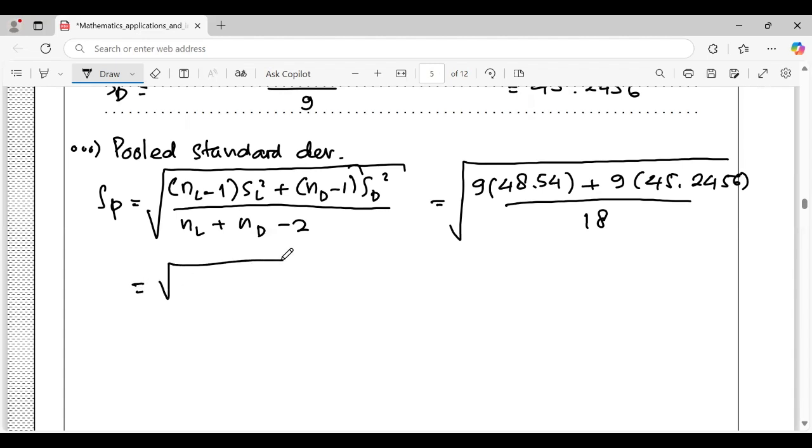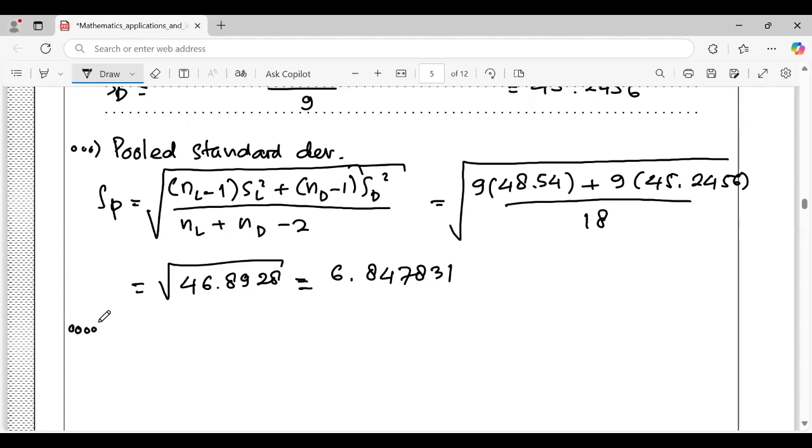If you calculate, the result is the square root of 46.8928, and this is 6.847831.